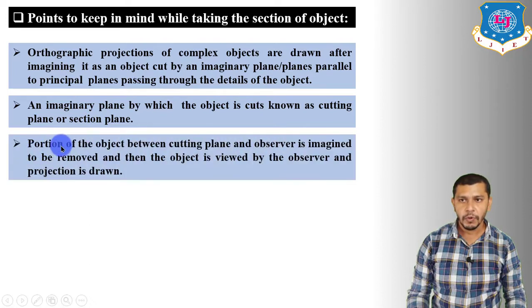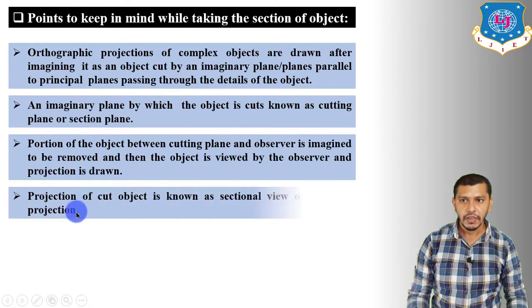The second point is that the portion of the object between the cutting plane and the observer is imagined to be removed, and then the object is viewed by the observer and projections are drawn. The projection of the cut object is known as the sectional view or sectional projection.